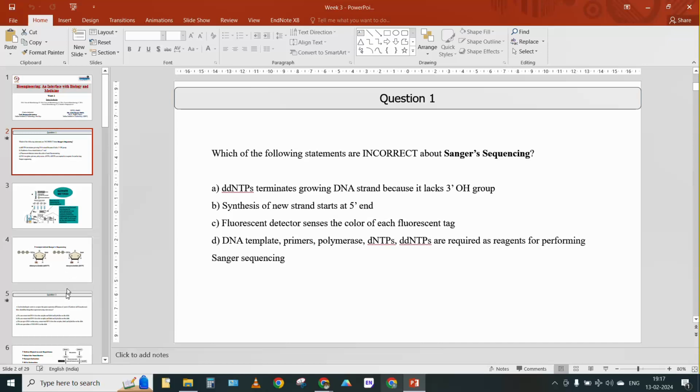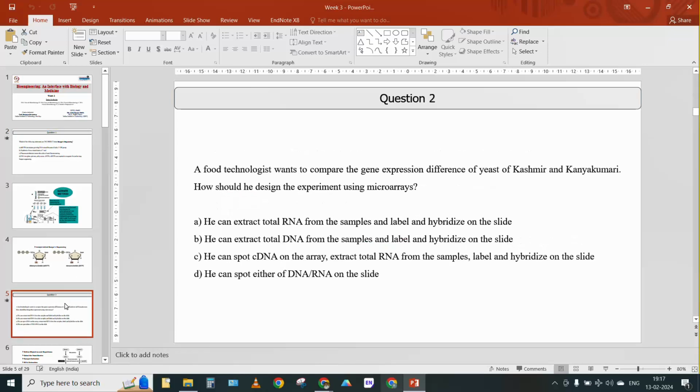Moving further to the next question, question two. It states that a food technologist wants to compare the gene expression difference of yeast of Kashmir and Kanyakumari. How should he design the experiment using microarrays? Either he can extract total RNA from the samples and label and hybridize on the slide, or he can extract total DNA from the samples and label and hybridize on the slide.